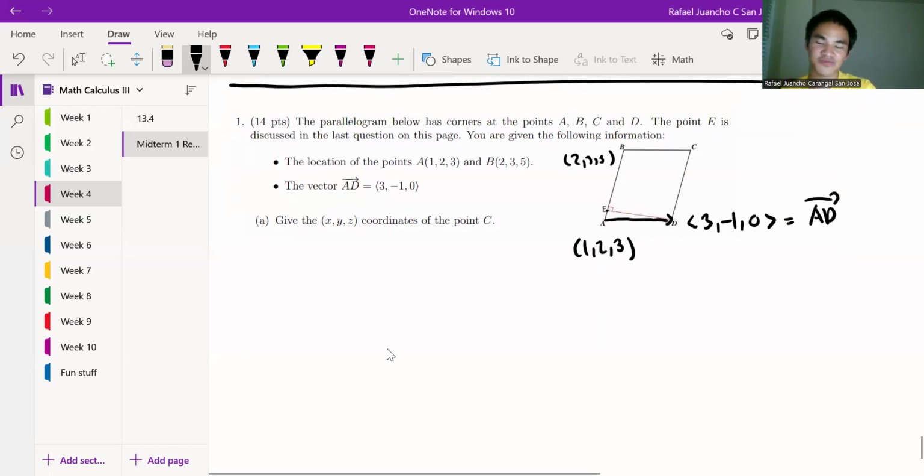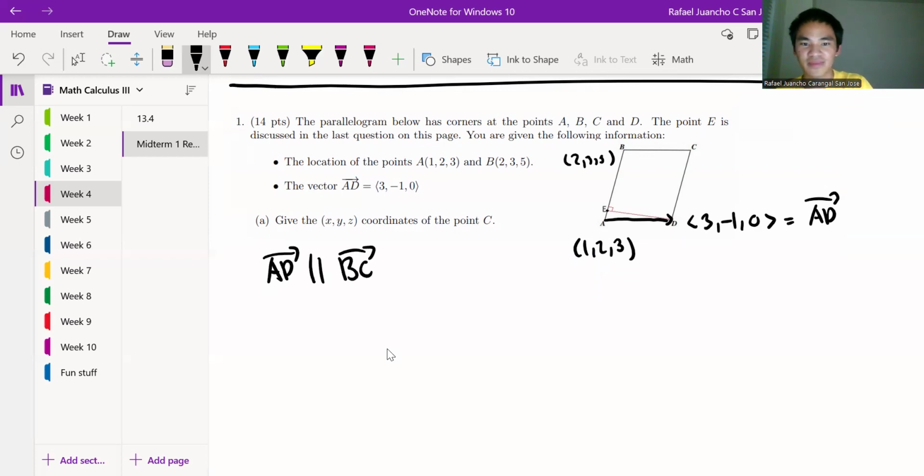Okay, so here's my attempt. I'm gonna use the same vector. Why? Because I know they're parallel, right? I know the vectors here are parallel. So what I'm saying here is that AD is actually parallel to BC. And so I could probably use the same vector, right?